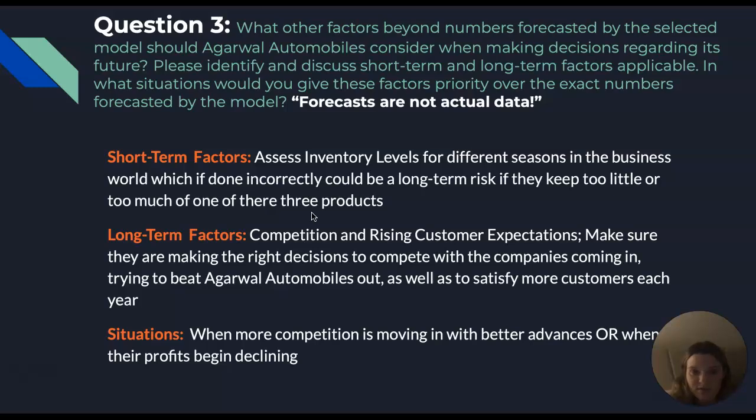We can predict stuff, doesn't mean that it's accurate, in my opinion. For short-term factors, assess inventory levels for different seasons in the business world, which if done incorrectly could be a long-term risk if they keep too little or too much of one of their 3 products. So just making sure they have the correct amount of inventory. Because if they don't have that, then what are the numbers going to do?